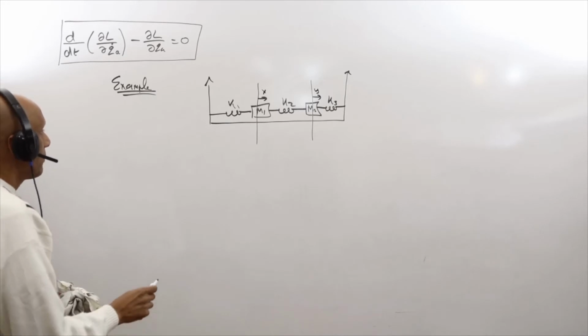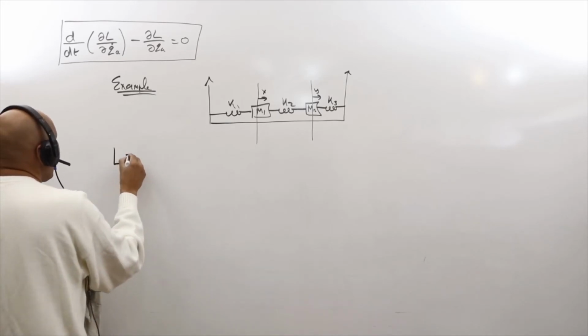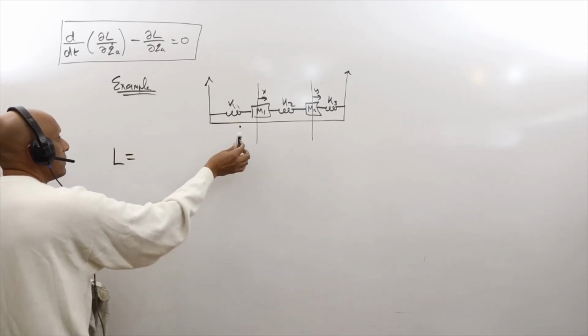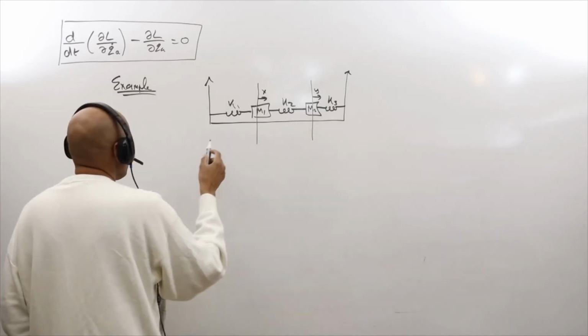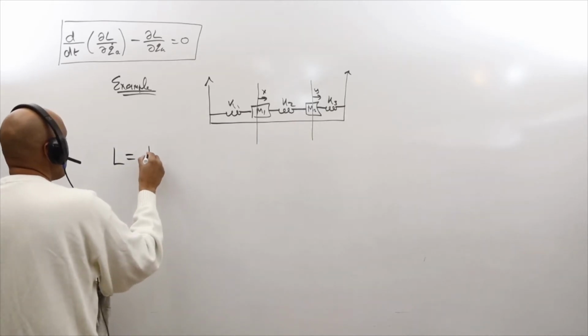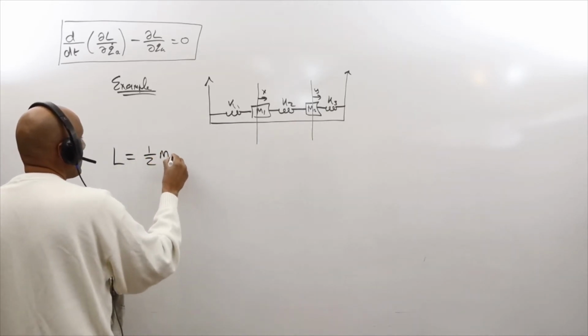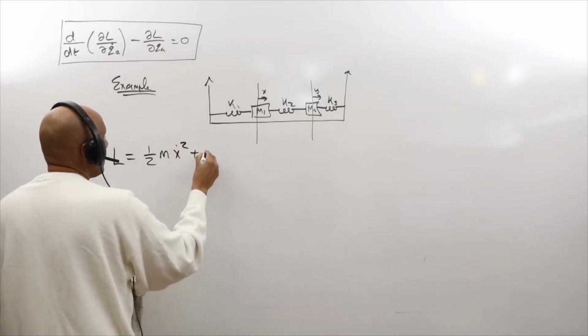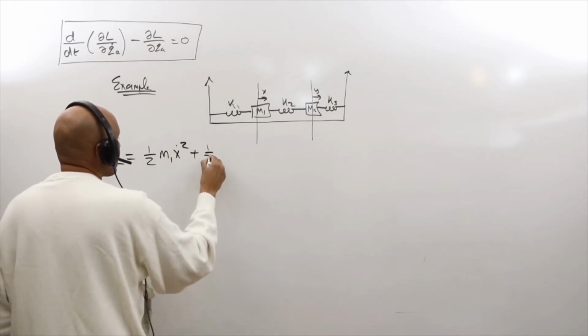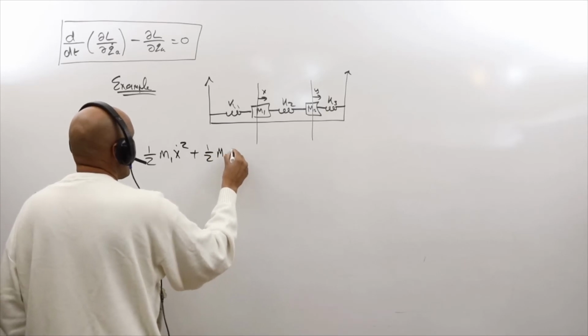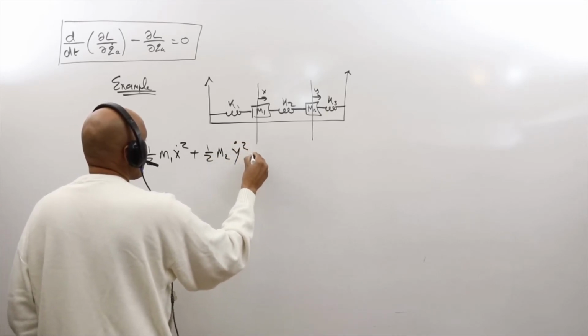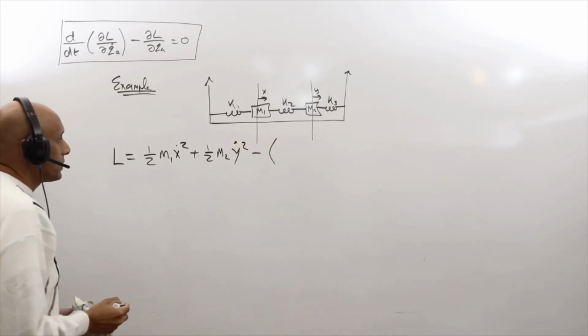And so again, we're going to calculate the Lagrangian L, T minus V. What's the kinetic energy of this? We're assuming that m1 and m2 only have kinetic energy. So that would be 1/2 m1 x dot squared plus m2 y dot squared, minus now the potential energy terms.